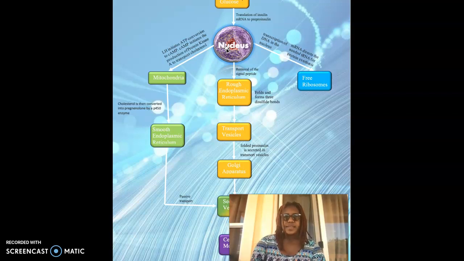And then we have strands of DNA that are connected to mRNA, which exits the nucleus through its pores into the cytoplasm, where the mRNA attaches to the free ribosomes in the cytoplasm. So the mRNA directs the needed tRNA for synthesis. The protein synthesis takes place in the free ribosomes.